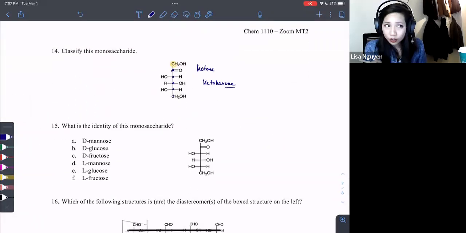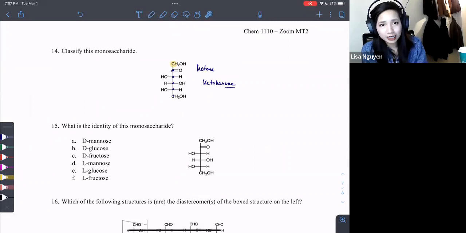So this is classifying. In the next question, it's actually the same sugar, and I ask you to identify it. When we're classifying, when we say aldohexose, aldotriose, aldotetrose, we don't say D or L. All we're trying to say is that there are 6 carbons in a chain, and it's a ketone sugar.